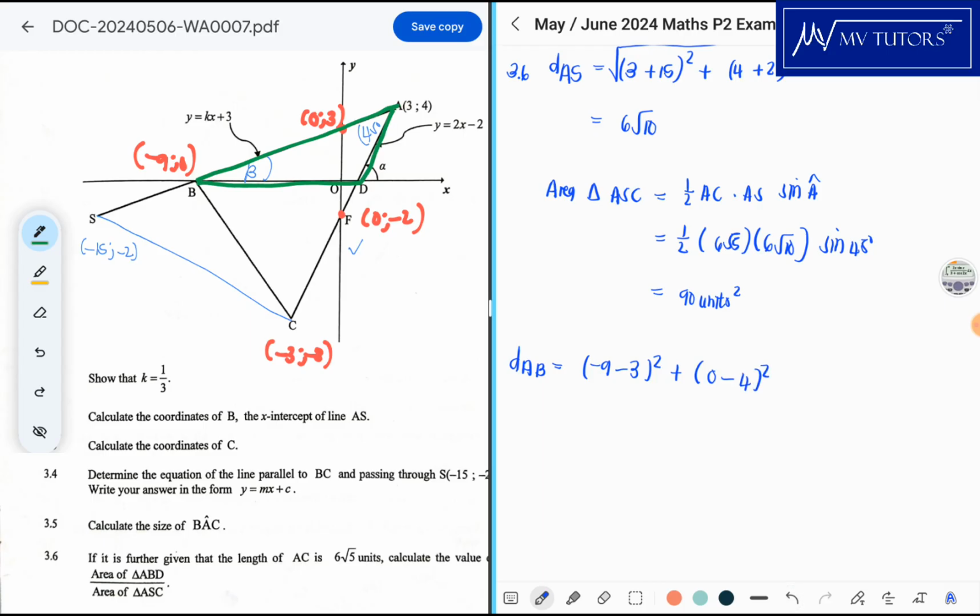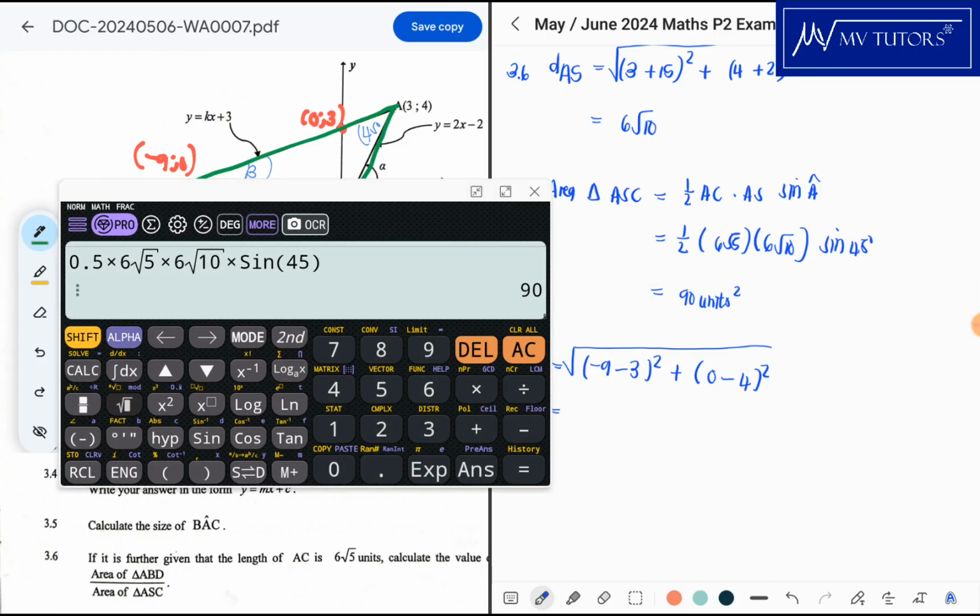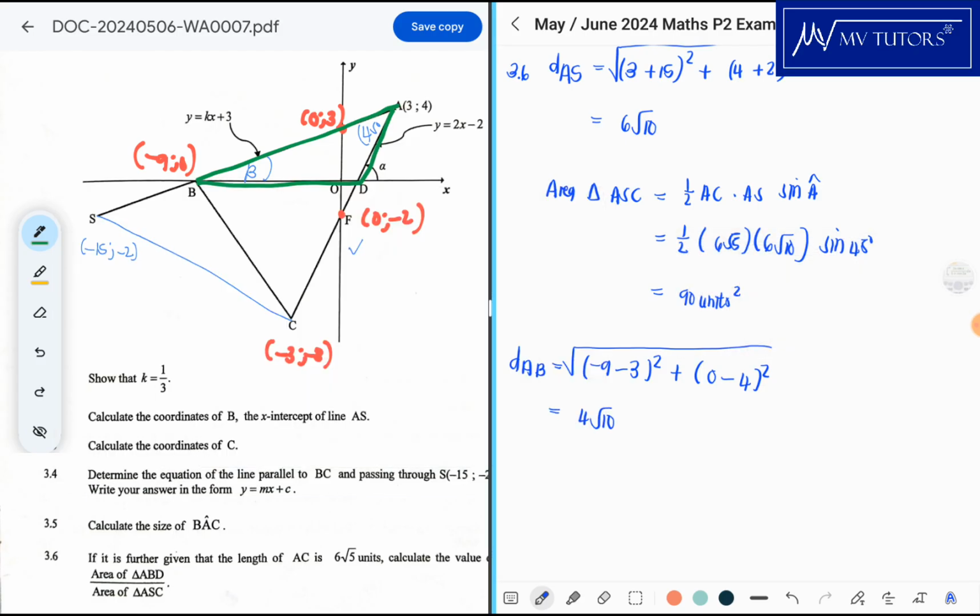So that's that, all under the square root. So I have minus 12 squared, which is 144, plus 4 squared, which is 16. I have 4 root 10. Okay, so that's the length of AB.